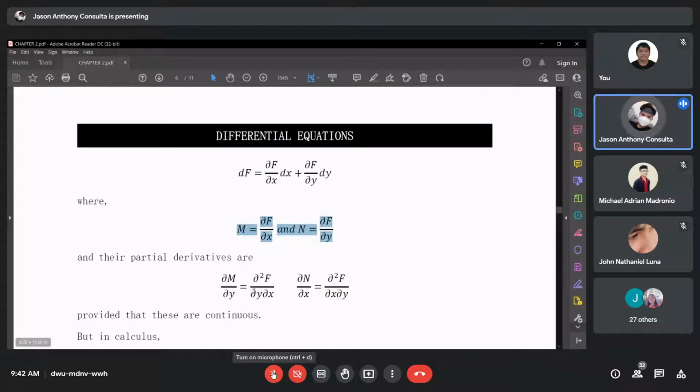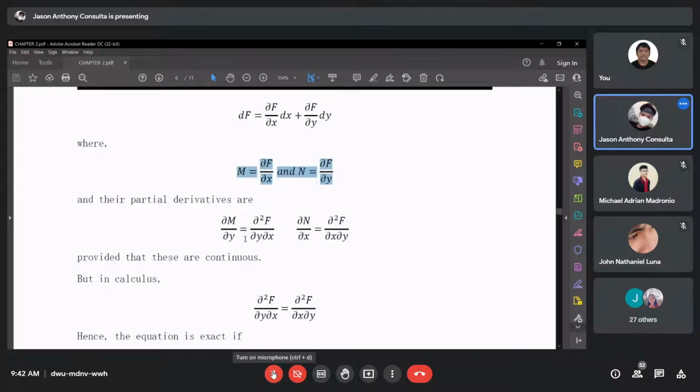So, and their partial derivatives are the partial derivative of M with respect to y is partial derivative squared f over partial differential of y times partial differential of x, and sa N naman, partial differential of N with respect to x is equal to partial differential squared f over partial differential x partial differential y, provided that these functions are continuous.